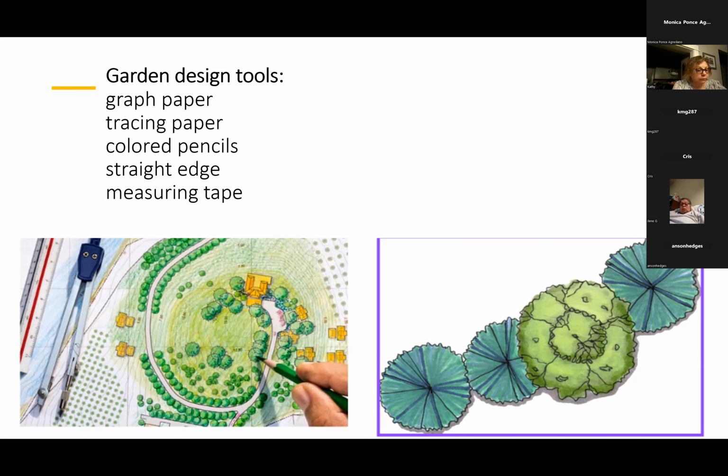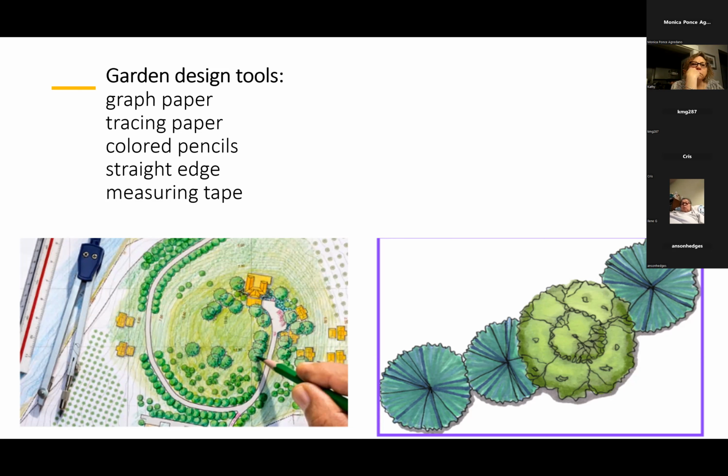But yeah, so last week we spoke about bubble diagrams, and this is a step up from a bubble diagram. These are some of the design tools that I used when I was taking my garden design class through Cornell. You definitely don't have to get fancy, a bubble diagram is perfect, but getting it down on paper will help you with the planning process.